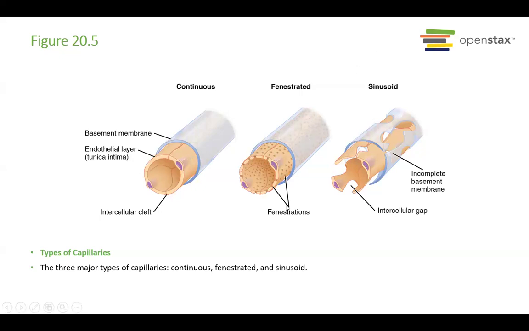There are fenestrated capillaries. There are fenestrations, and these fenestrations are holes in addition to the interendothelial gaps through which the red blood cells are going to come out. Sinusoids. The sinusoids have an incomplete basement membrane. We talked about those as the sinus histiocytes.